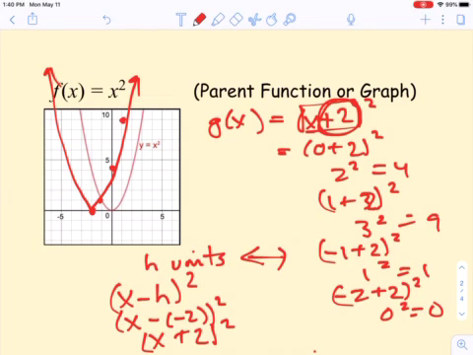If you have x minus something in there, it's going to shift to the right. If you can't remember that, just always start by putting 0 in and some points to the left and right of it, to see the general movement, and I think you'll be able to figure out whether it's going to the left or right. So that is horizontal translations for you, just moving it to the left or to the right depending upon what that number is inside the parentheses with the x.